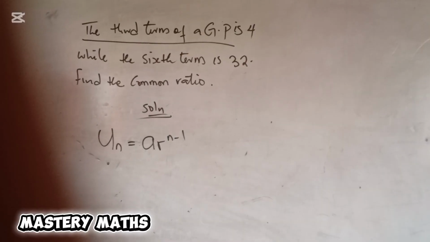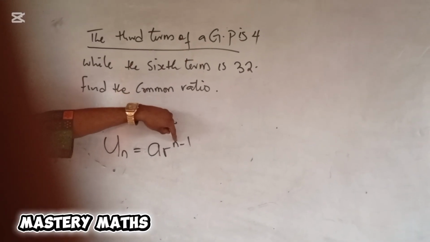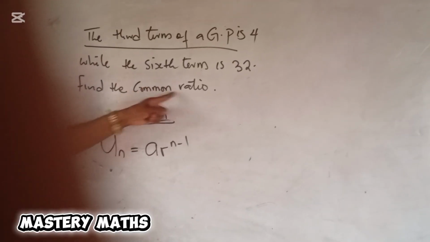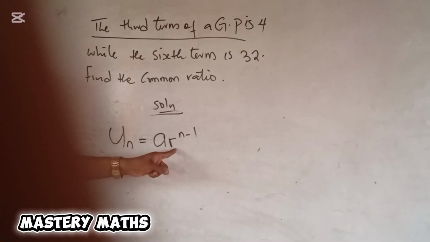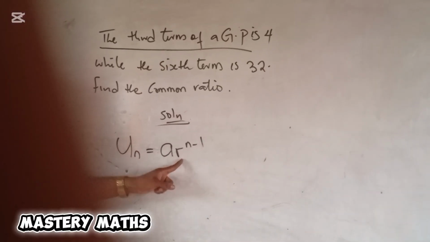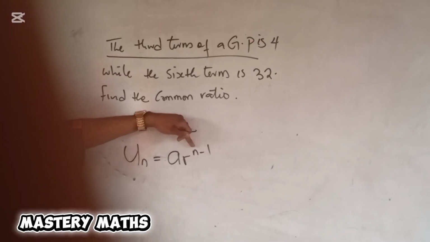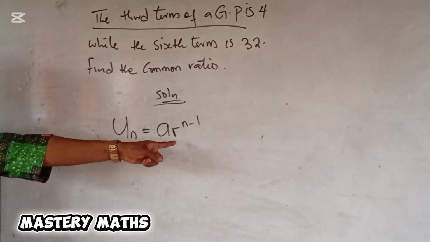The common ratio is also not given to us. All they gave us is the number of term, the n. And they said we should find the common ratio. So we use the number of term to find the common ratio.